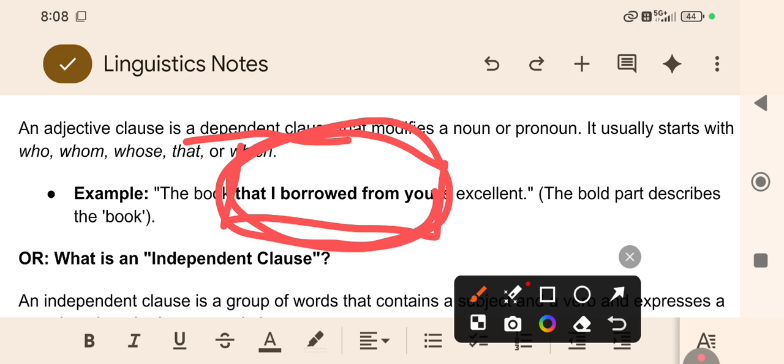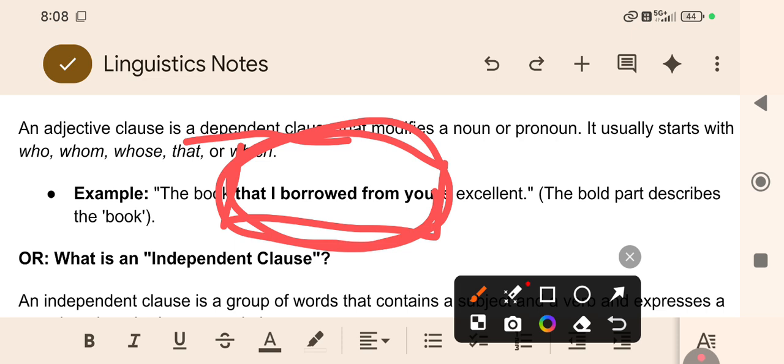The girl who is short or tall is my sister, is my friend. This way you can tell, and you can give the example of an adjective clause. Why?